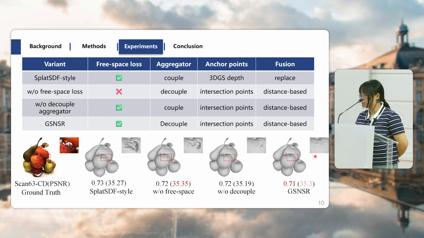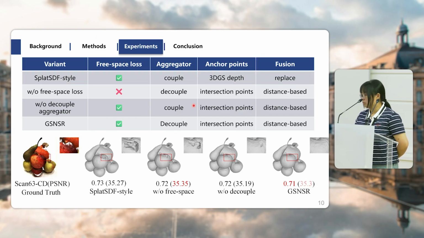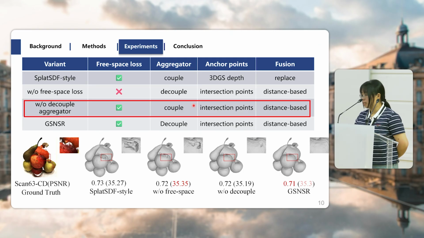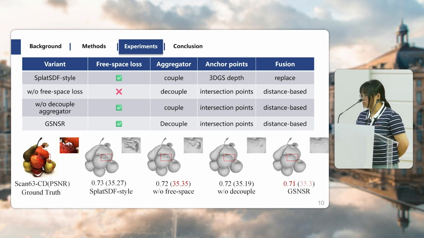To show what each module contributes, we run an ablation experiment with 4 configurations: the splat SDF style variant, one without the free space loss, one without the decoupled aggregator, and the full GSNSR. The splat SDF style variant is modeled after splat SDF, but keeps the free space loss.